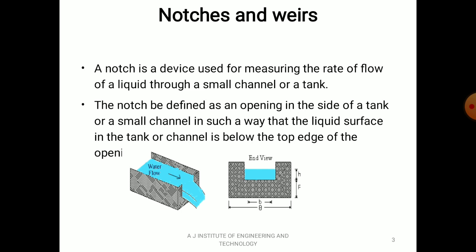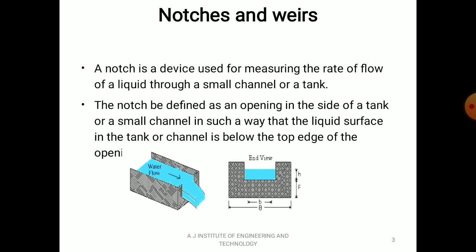The notch may be defined as an opening in the side of a tank or small channel in such a way that the liquid surface in the tank or channel is below the top edge of the opening. You can see the diagram here. There is an opening in the tank at the side, a sideway opening. You can see the water level in the tank is below the top edge of the opening.